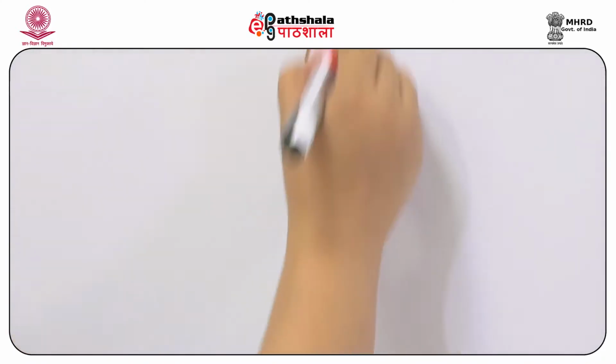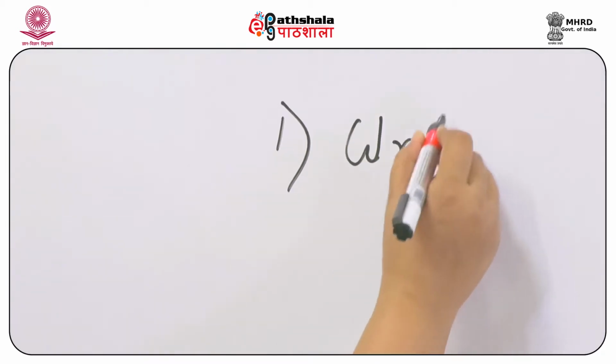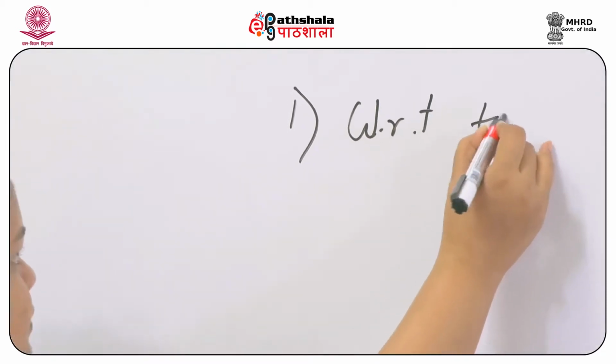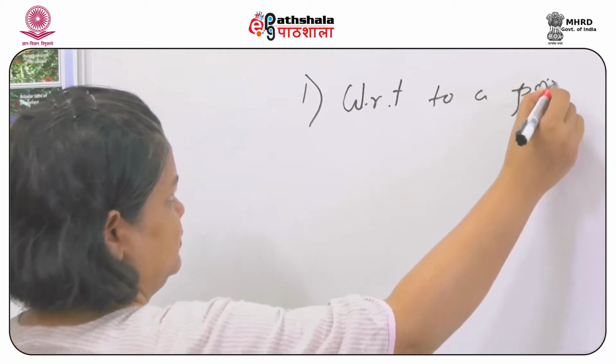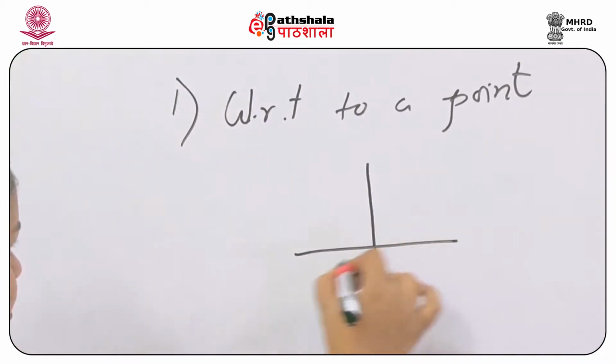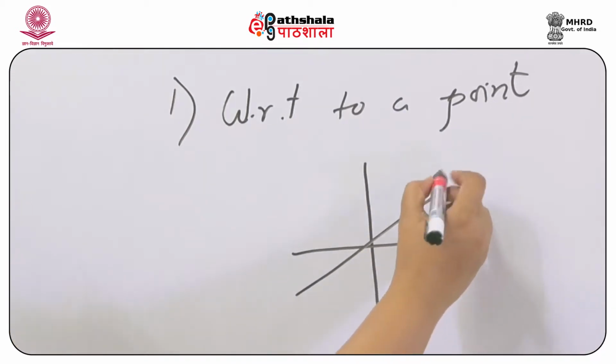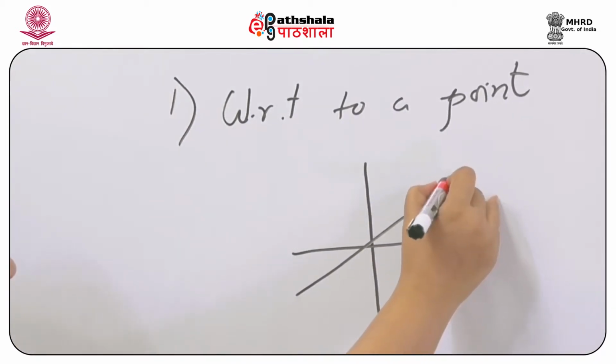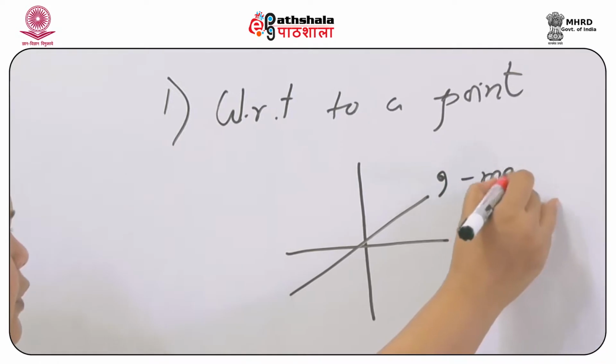First is symmetry with respect to a point. Here we have the crystallographic axis. Here we have a motif.